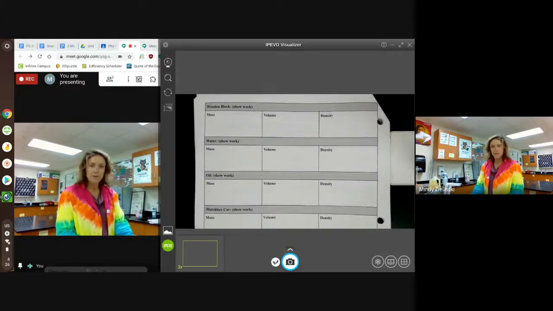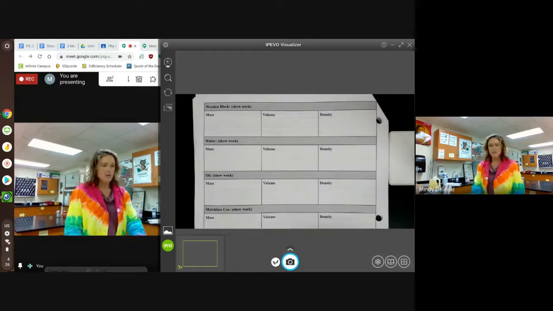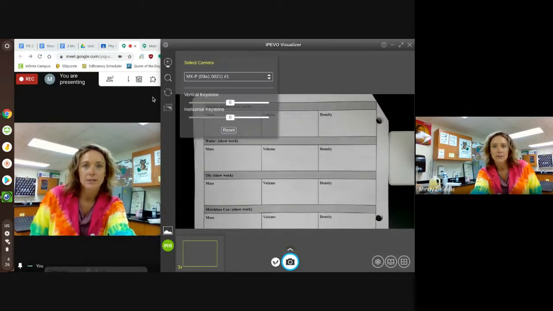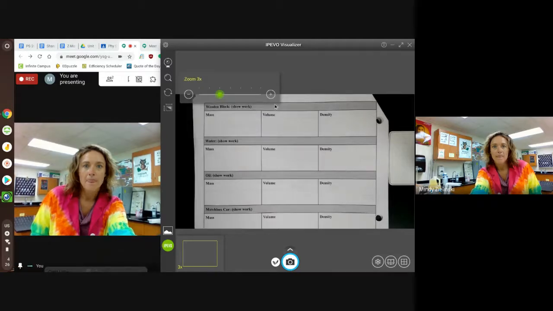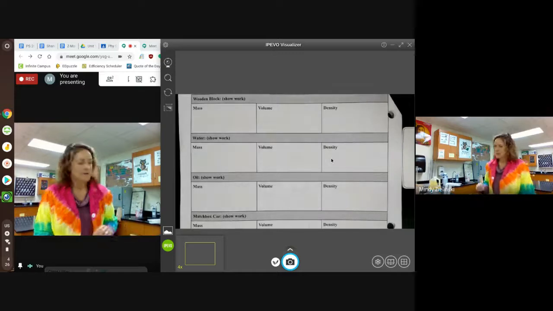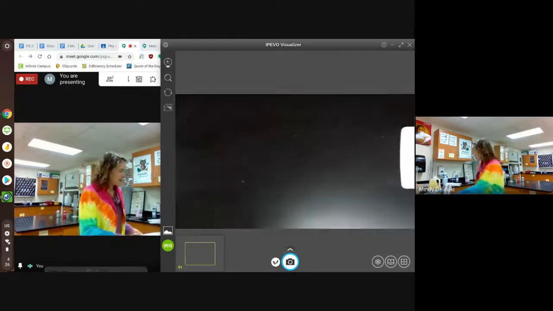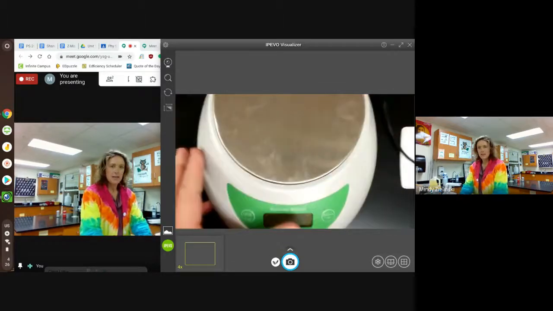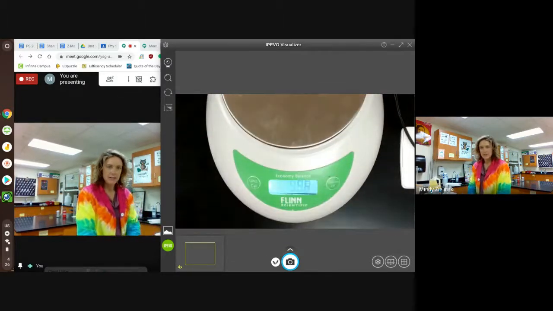I'm going to start with the wood block here. So if you keep looking, I'm just going to zoom in a little bit again for you. All right, there we go. So I'm going to begin with the scale, and we're going to turn it on. We're going to zero it.